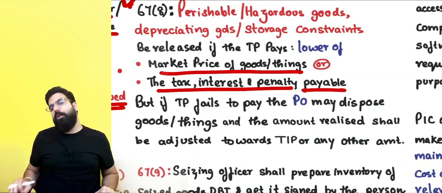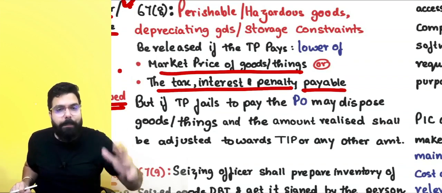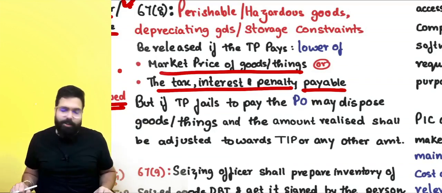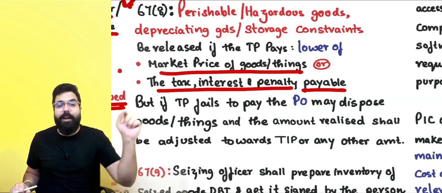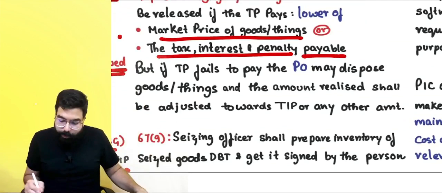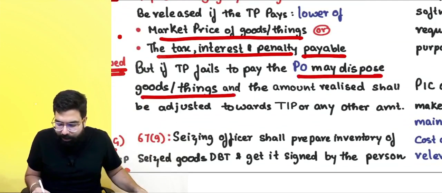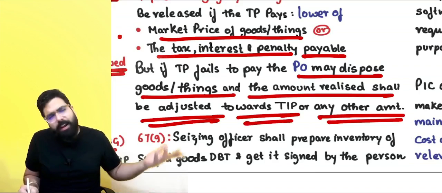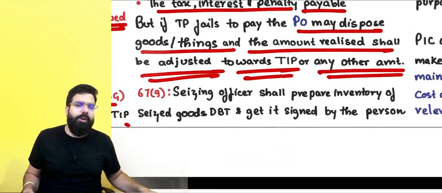But if you don't do that, then they will dispose of the goods or things, and the amount realized shall be adjusted toward the tax, interest, penalty, or any other amount, might be storage cost, transportation cost, etc.